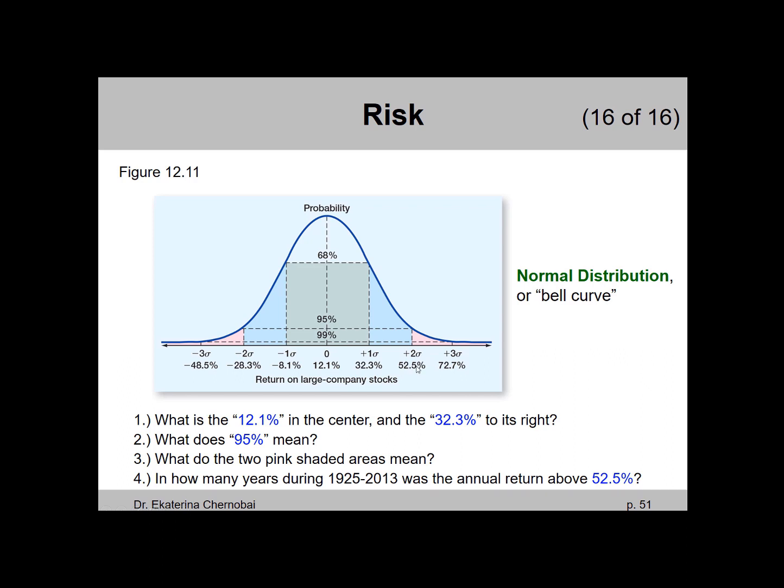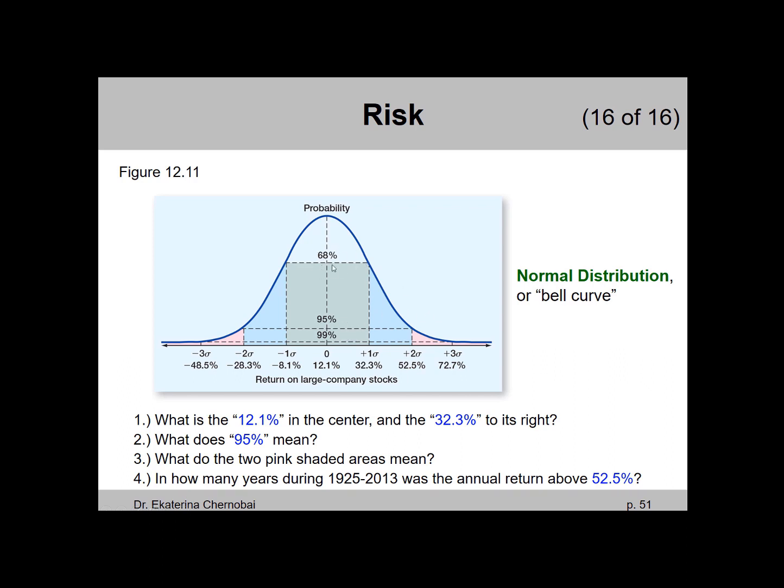So when we're talking about our 88-year time period, 95% of the time, which is maybe 86 out of 88 years, the return fell in this range, and only in a couple of years it was beyond that range, so much lower than negative 28.3% in 1 year, or higher than 52.5% return in 1 year, right?